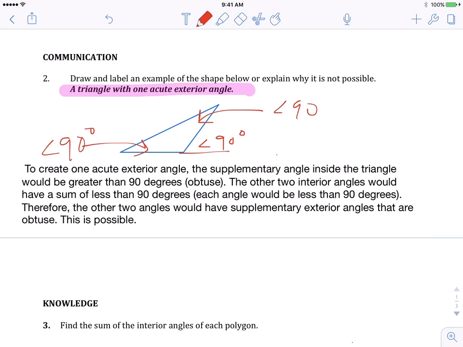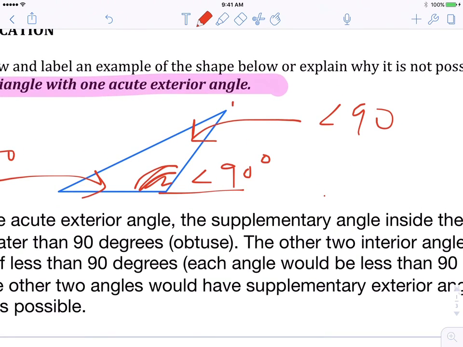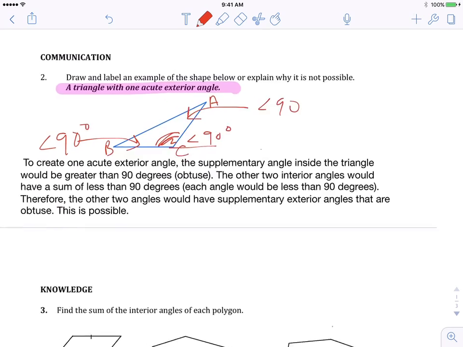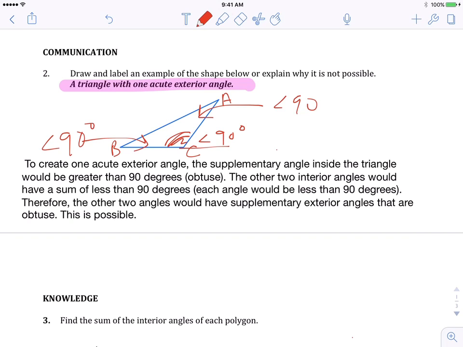The reason is because this angle inside right here is greater than 90, and we know the sum of the interior angles of a triangle equals 180 degrees. So if I label this triangle A, B, C, we know that inside that triangle, C is greater than 90 degrees.